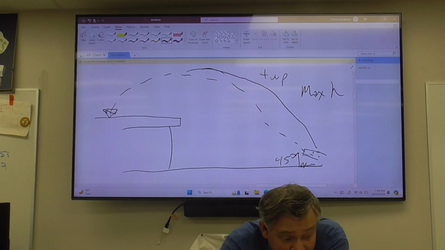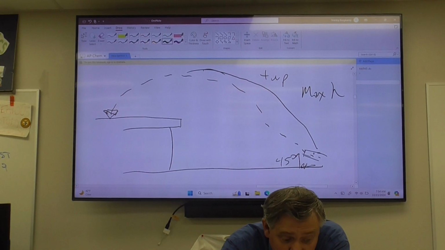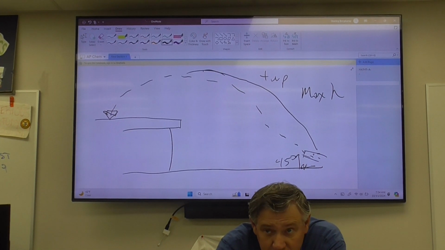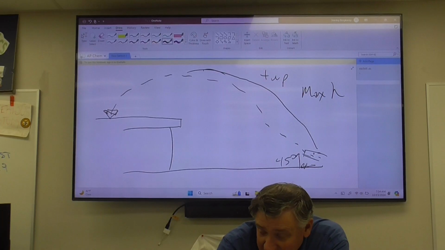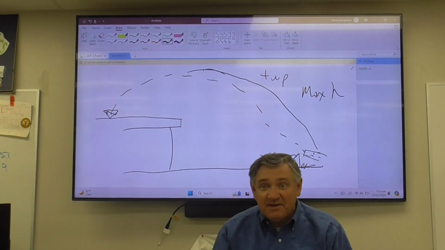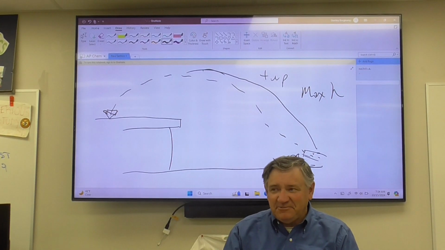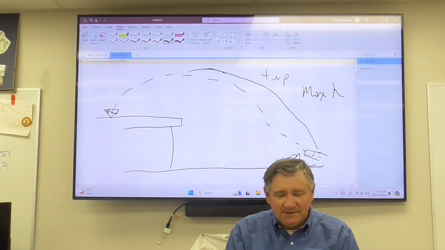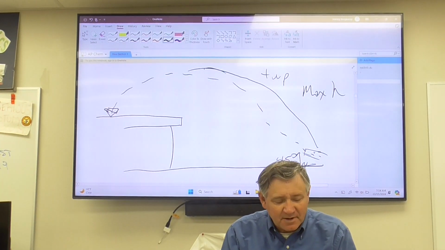Clearly your maximum height has to be bigger than what? 0.7 meters. If your maximum height isn't bigger than 0.7 meters, which is the height of these tables, you're not going to make it. You're doomed to fail.